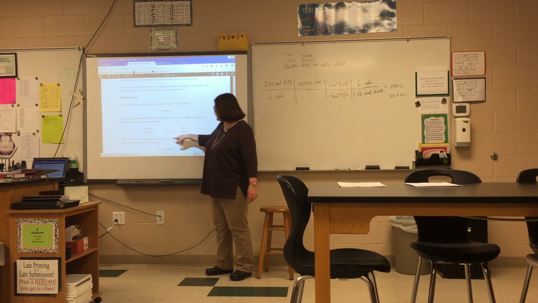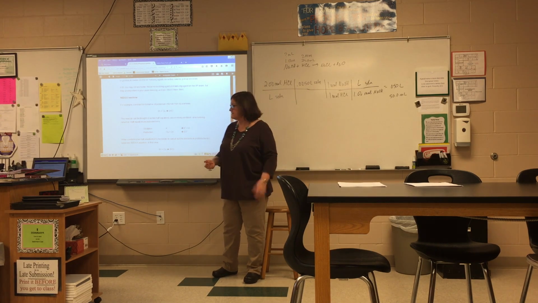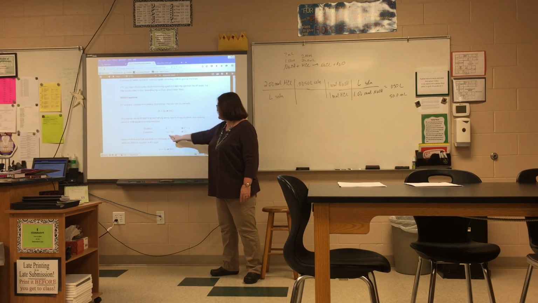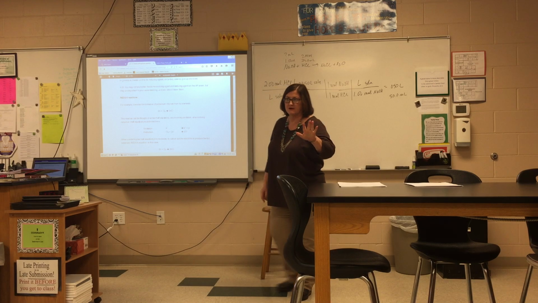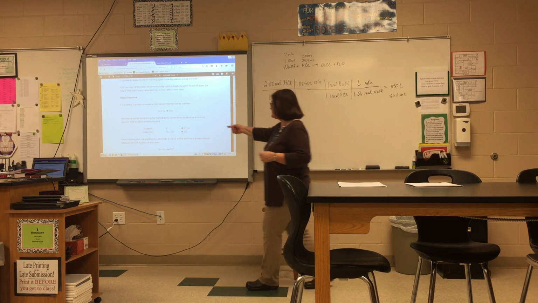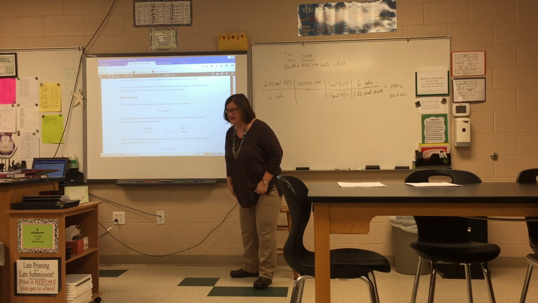Cl was a zero charge, and it made Cl minus. So that charge changed, that's a redox. This one got more positive, so it is oxidation. This one got more negative, so it is reduction. That's pretty easy, right? Whichever one got more positive is oxidation, so this is our oxidation half reaction. This one got more negative, it is our reduction half reaction.